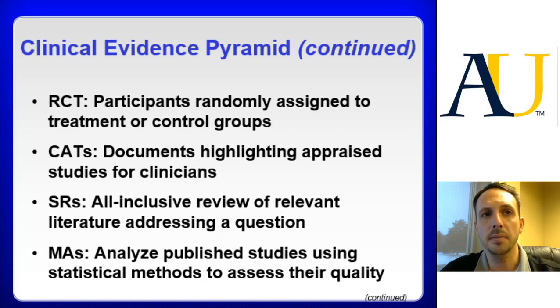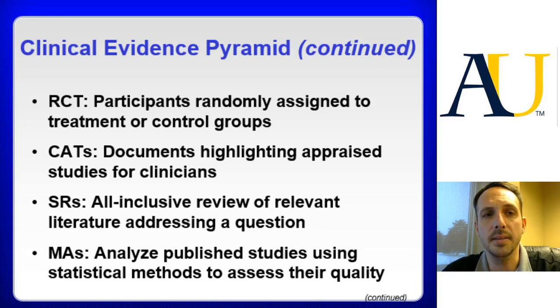So the difference between a systematic review and critically appraised topic is, in a systematic review, the author has no ability to decide which articles are included and which articles are not. They are decided ahead of time in the methodology, and if an article reaches the methodology requirements, then it's included regardless of outcomes.